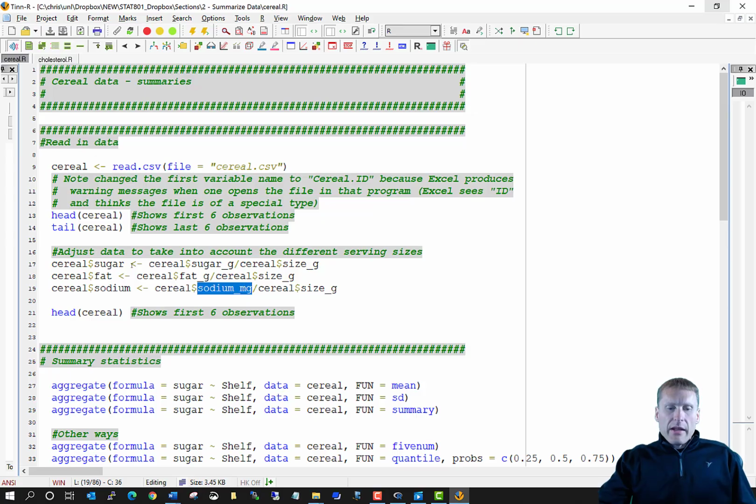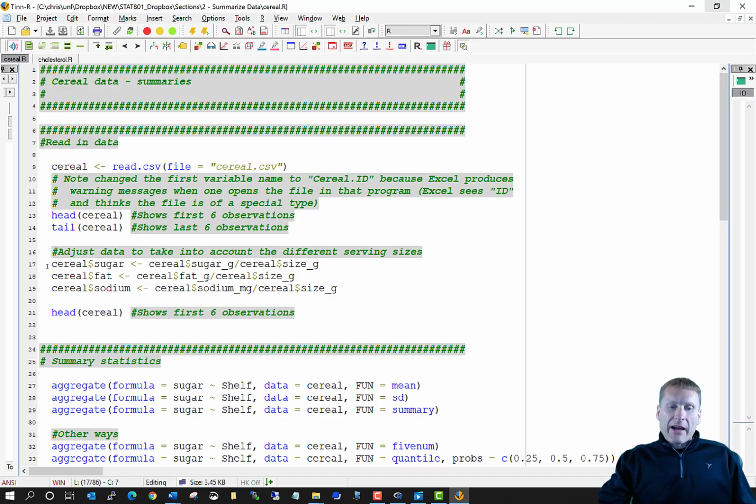Once I do that, I want to be able to save these results. I'm going to put these new variables back into my original data set. The way I do that is I create a variable called sugar in the serial data.